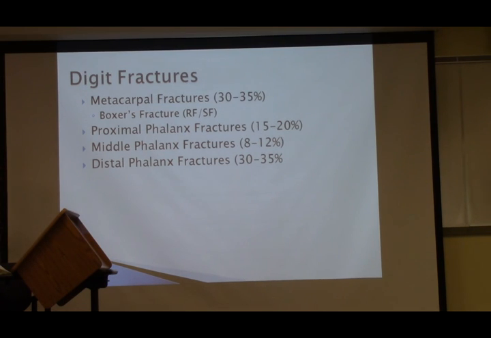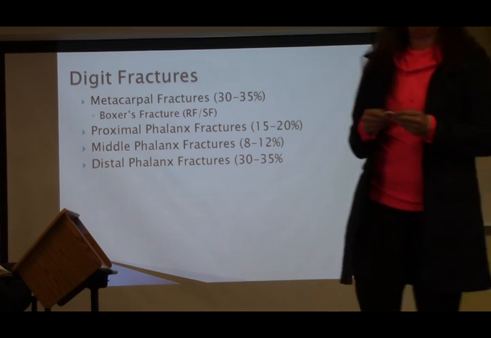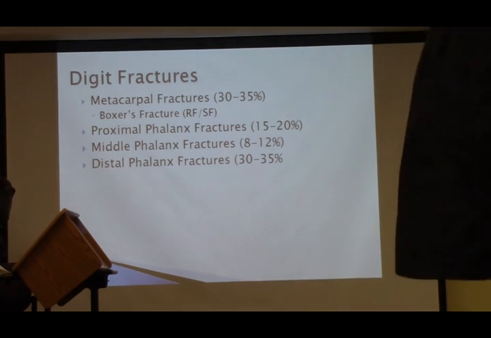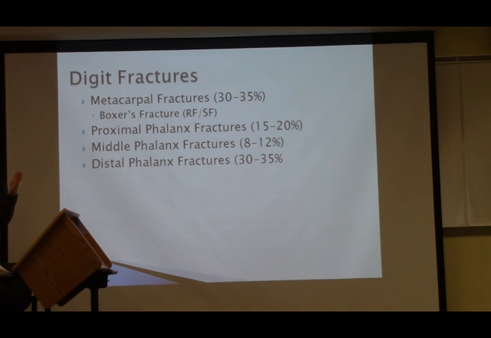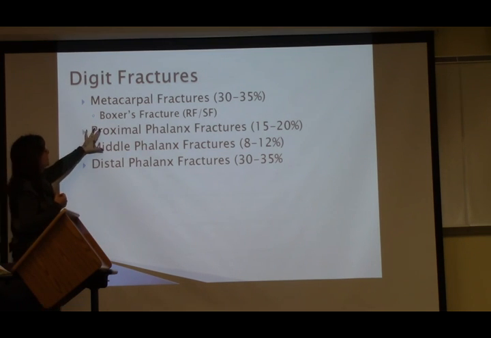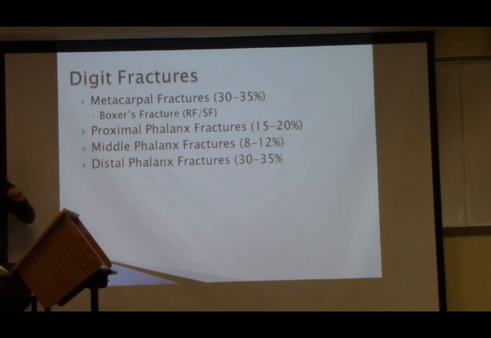And the doctor that I used to work with said it was like 99.9% occurrence of a boy punching something because of a girl, something like that, because they get mad and they punch something. Boxer's fracture. Metacarpal fracture of the ring and small finger.